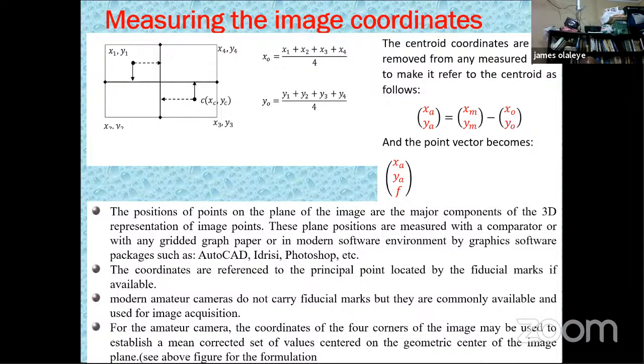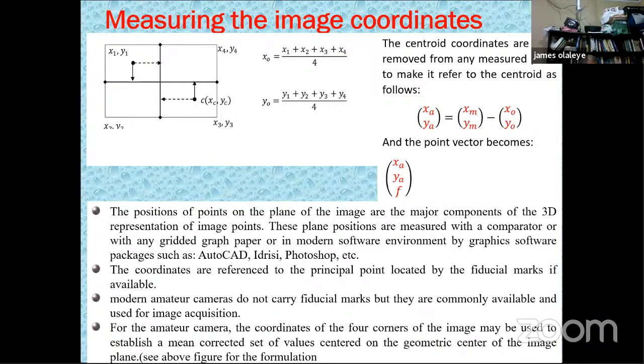After taking the picture in the field, download it into AutoCAD or any image processing software and read off the coordinates of the four corner points of the image. Once you read off the four corner points, you can do a rough calculation.